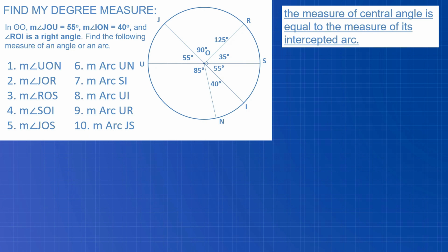And again, since the measure of angle UOR is equal to 145 degrees, therefore, arc UR is equal to 145 degrees. And lastly, the measure of arc JS. Since the measure of angle JOS is equal to 125 degrees, the measure of arc JS will be 125 degrees.